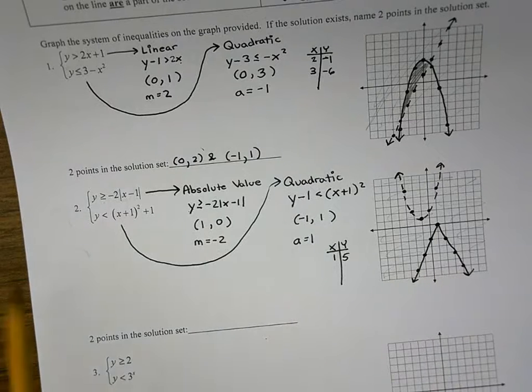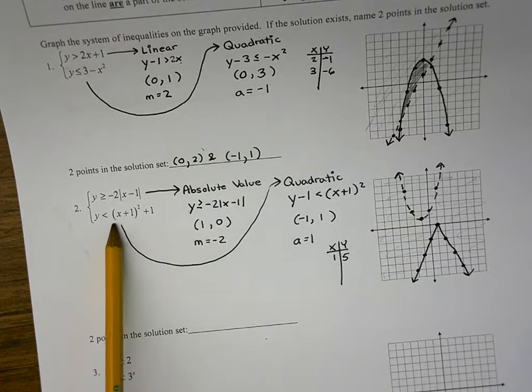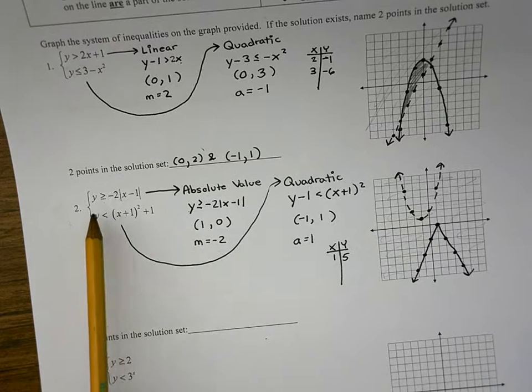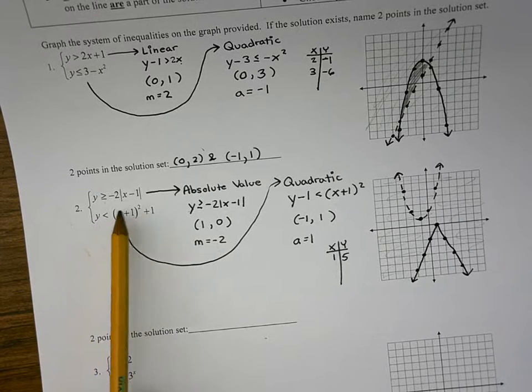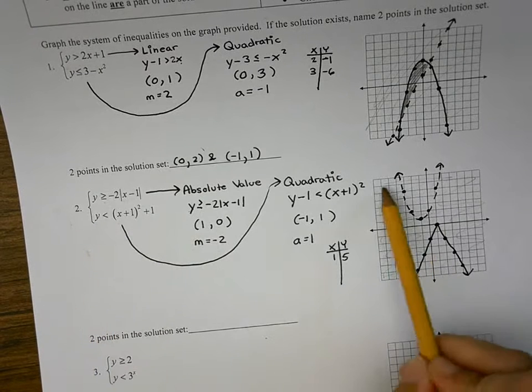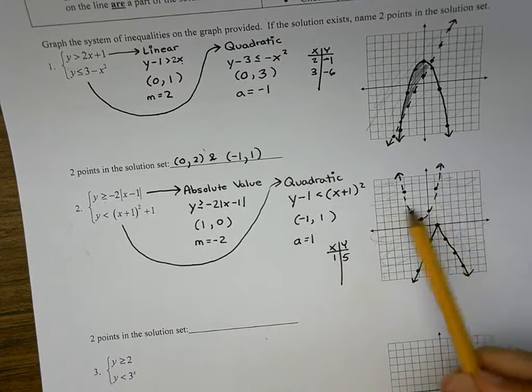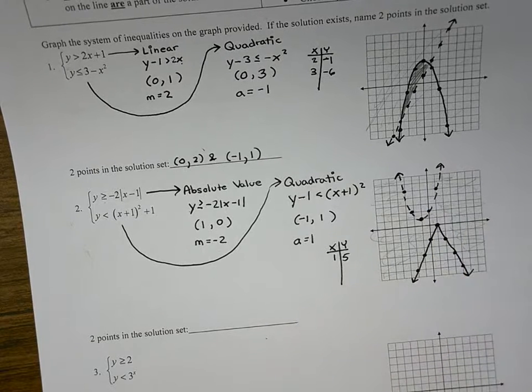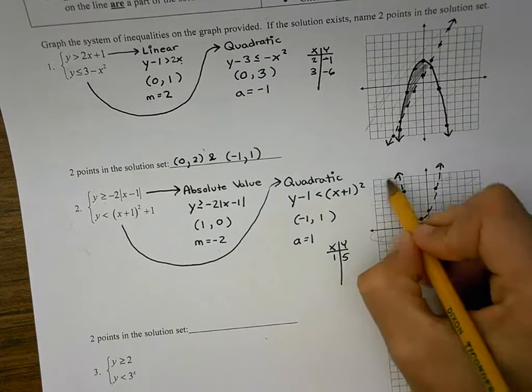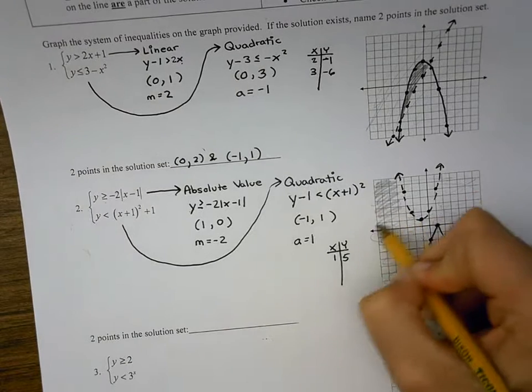What about the quadratic? Okay. Well, here y is less than my quadratic, so below my quadratic, so I'm shading all of this region in here, everything except for this little u piece, which is above my quadratic. And so what's their overlap? It'll be all of this region here.